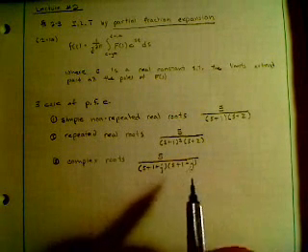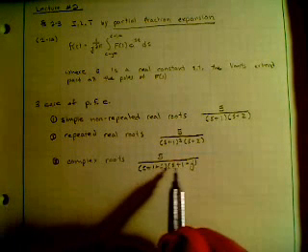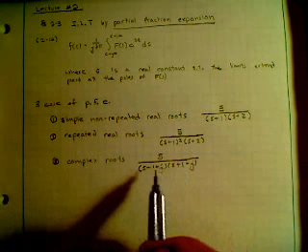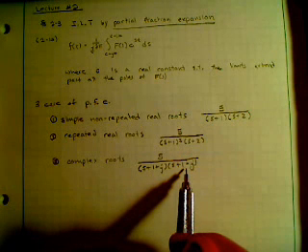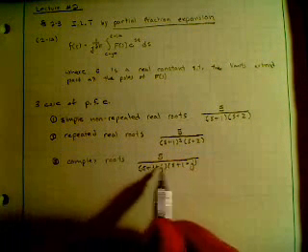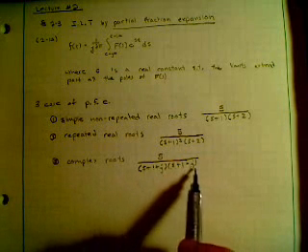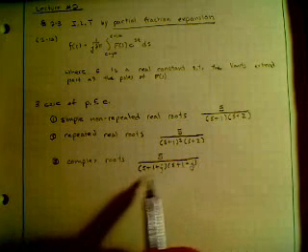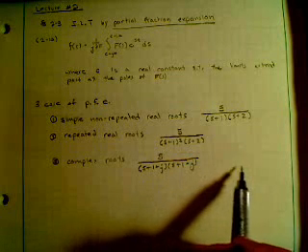One thing to remember as an aside: whenever you have imaginary roots, they always show up as complex conjugate pairs. The real part is the same, but the imaginary part has opposite signs. The reason is that when you multiply them out, you don't have any imaginary pieces.